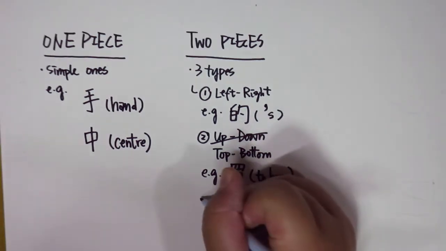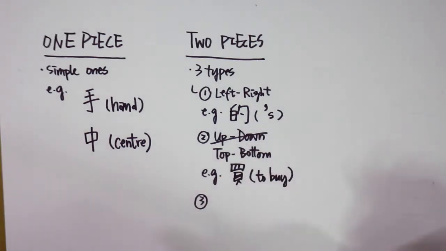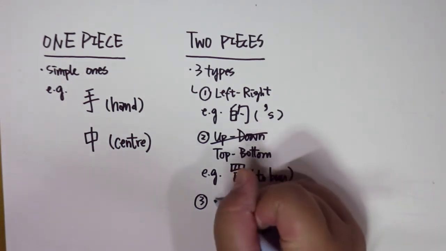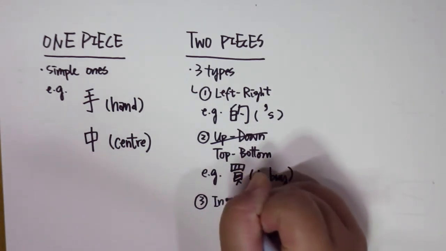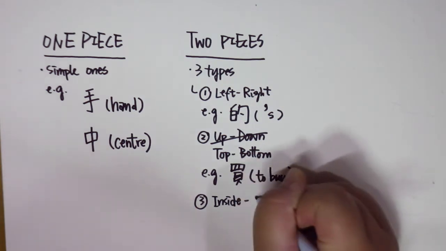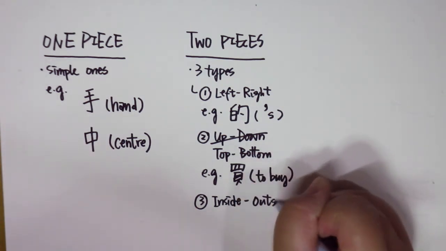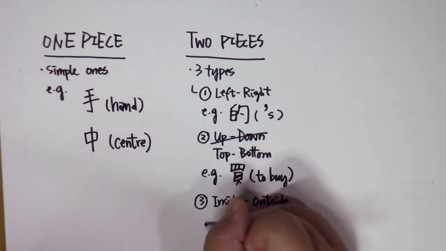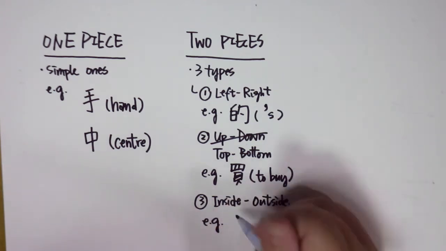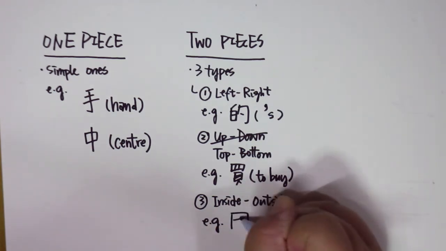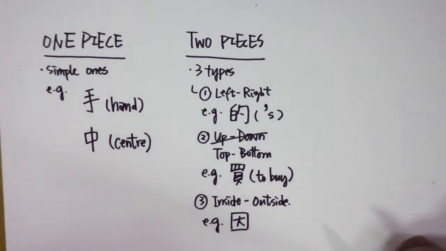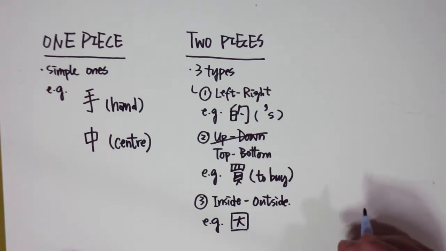And about the third type, it is the inside, outside type. So for example, yan. You can see it is like something is trapped inside, I don't know, a boundary kind of thing.